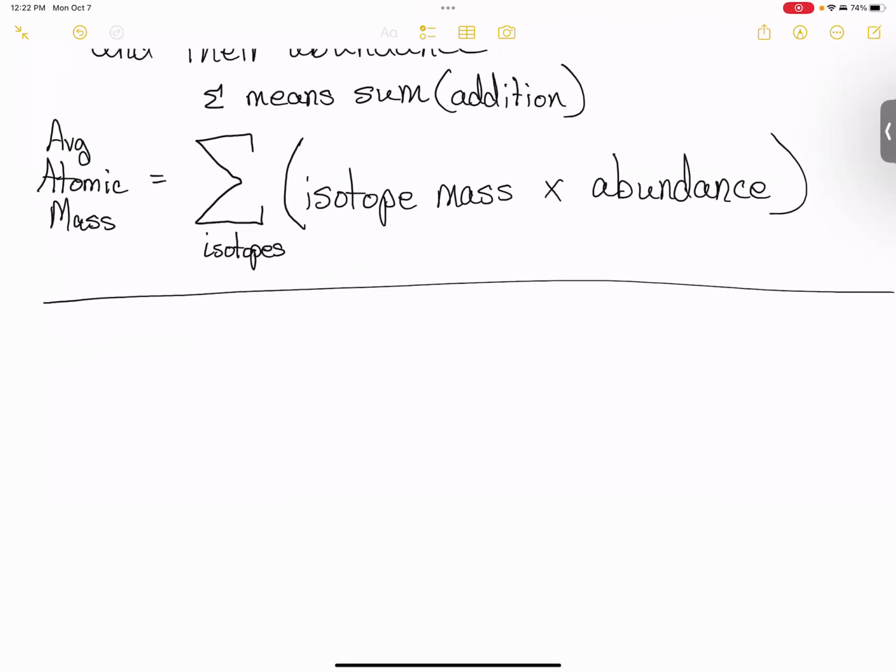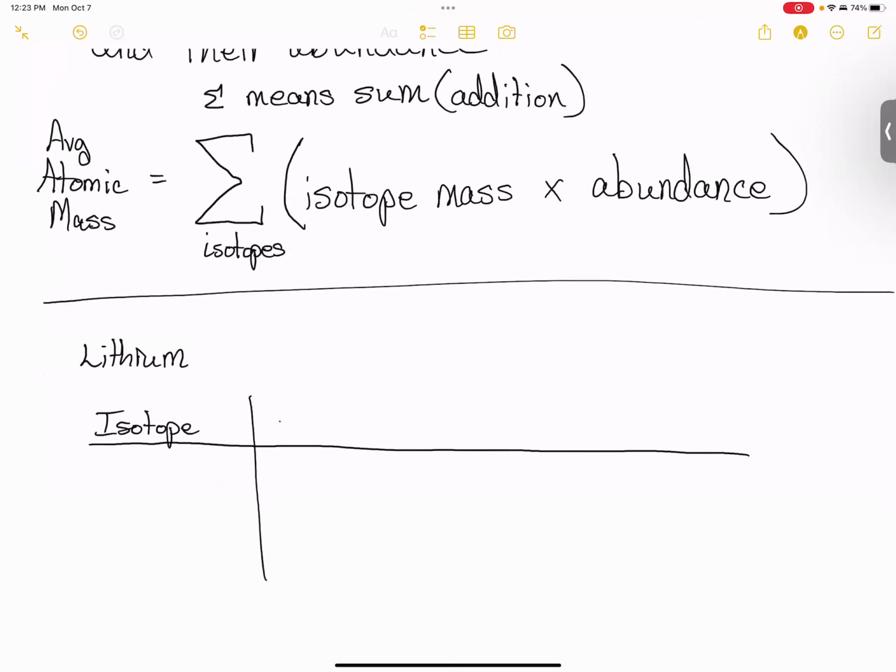Let's take lithium. Lithium has two naturally occurring isotopes.